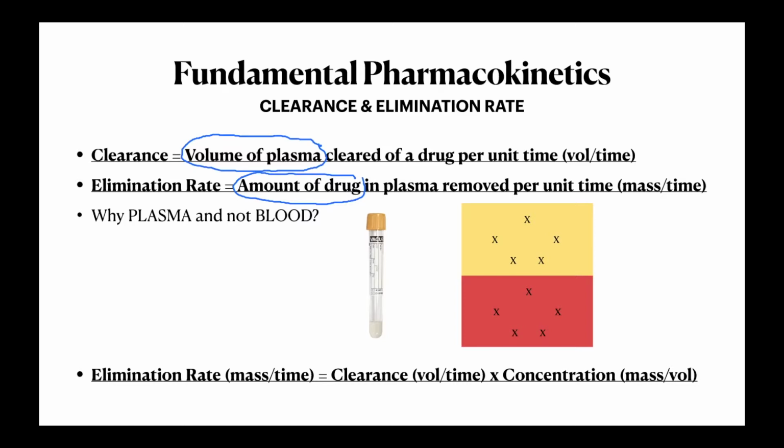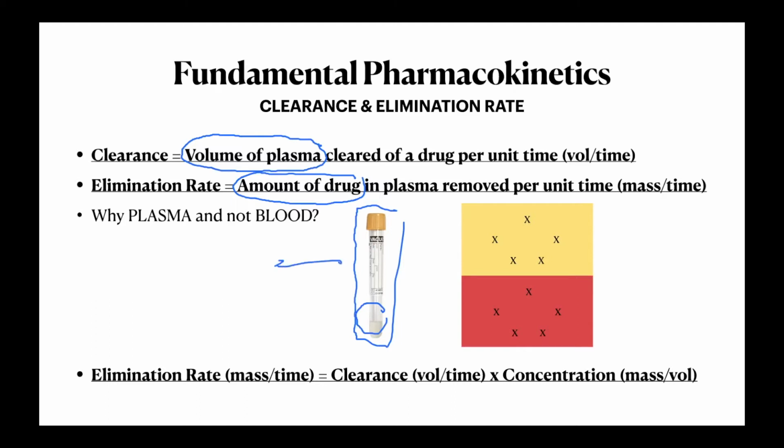And so the question that I often get asked is, why plasma and not blood? The reason for this is because when we take a drug sample, or when we want to measure the concentration of a drug, we often measure it in plasma. So quite often when you want to take blood, they'll ask you to take it into one of these yellow tubes where it has a gel at the bottom.